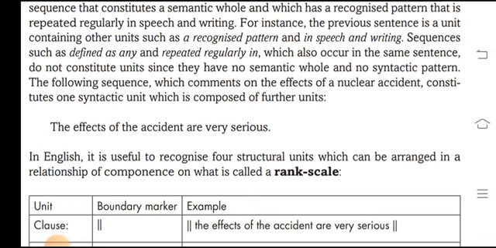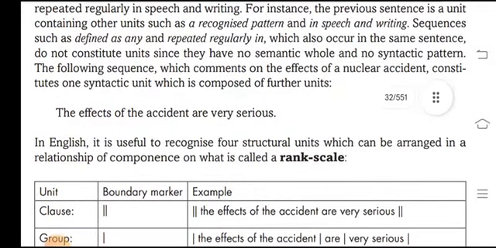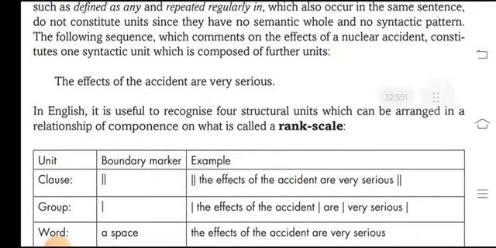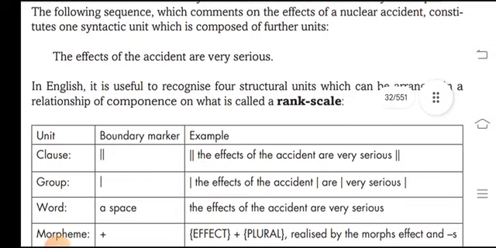The following sequence, which comprises the effects of other nuclear accidents, constitutes a syntactic unit which is composed of further units. The effect of the accident are very serious.